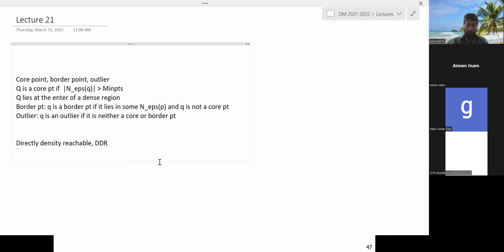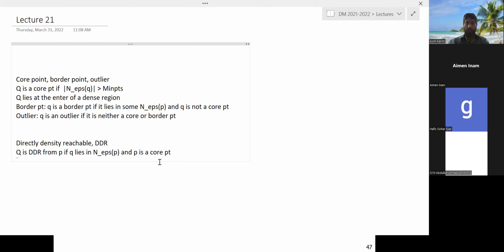So Q is directly density reachable from P, okay, 2 points, if, so you can define this in different ways, if Q lies in N EPS of P, okay, and P is a core point.